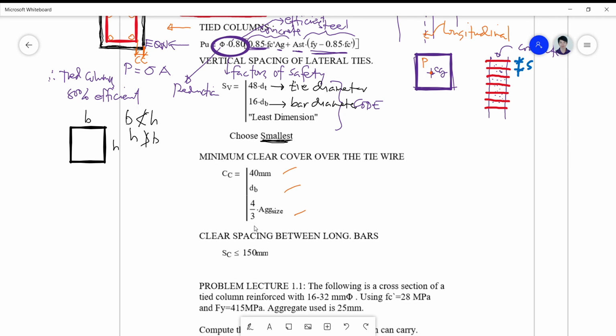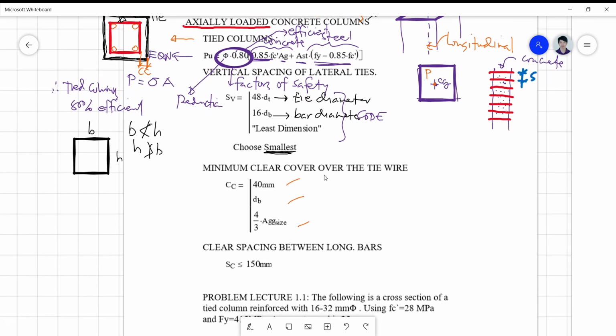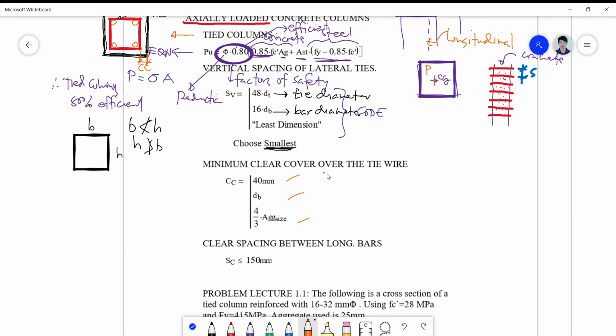Okay, so we have to choose the largest. Okay, it's the minimum required. So here we choose the smallest, but here we choose the biggest.